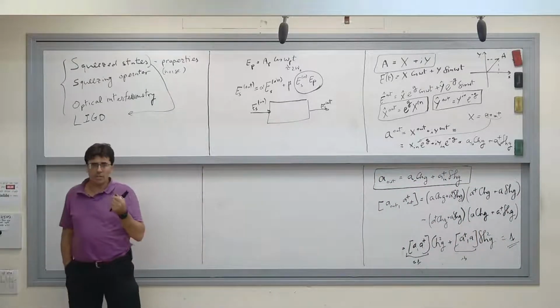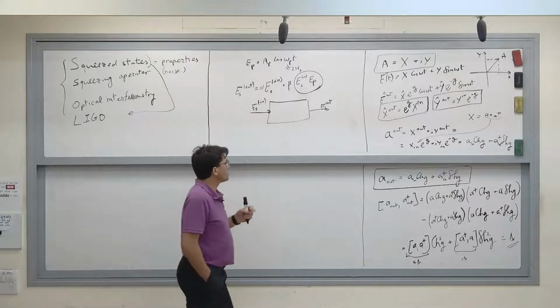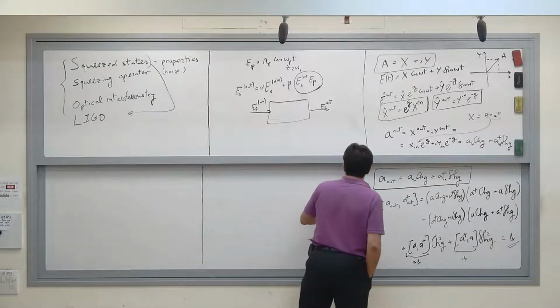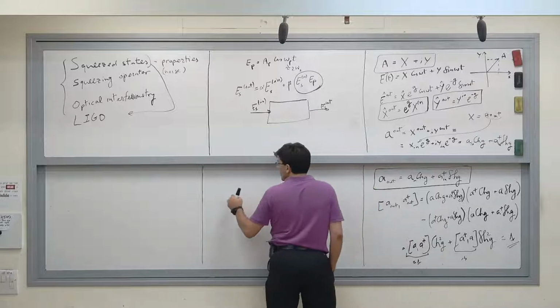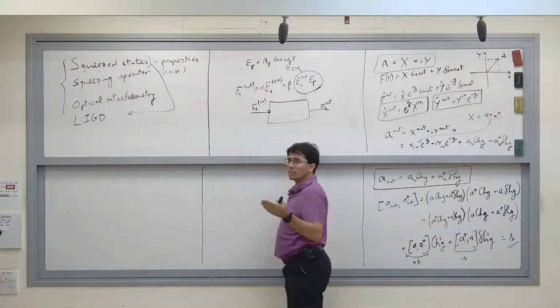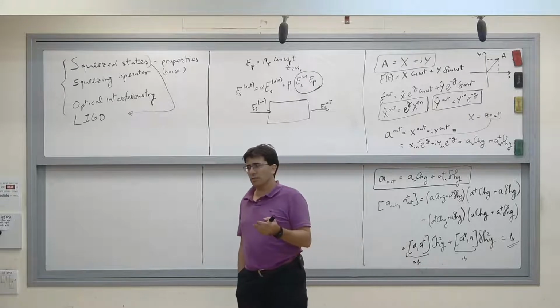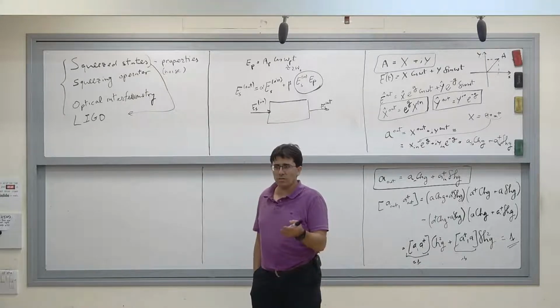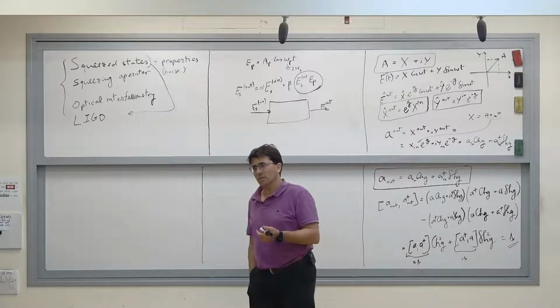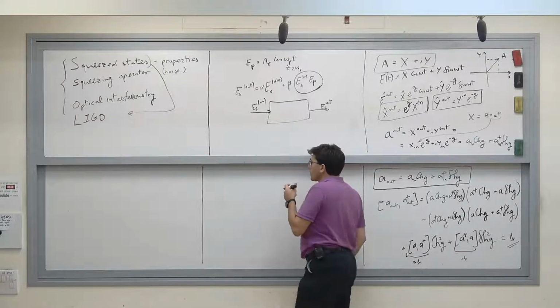So you know already that in the Heisenberg picture, operators evolve in time. So in the Heisenberg picture, the states are constant. Not that the wave functions change as a function of time, but it's the operators that change as a function of time.